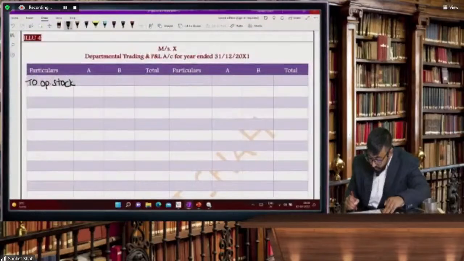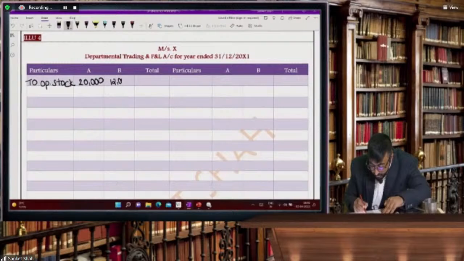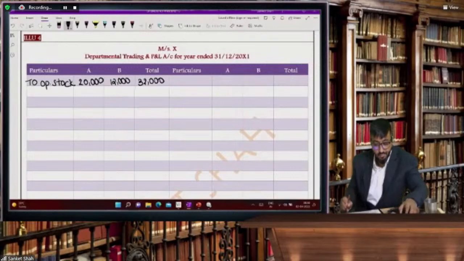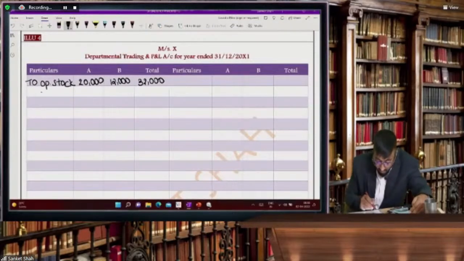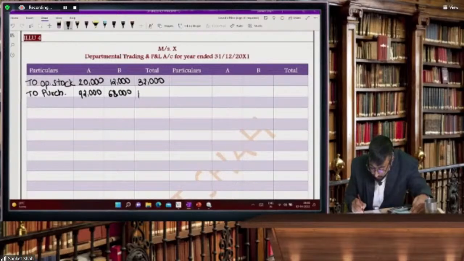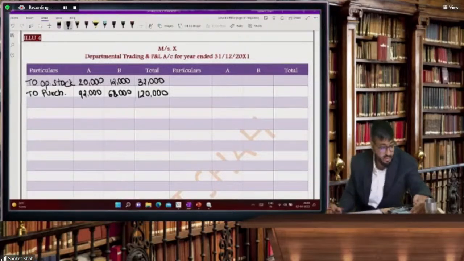20,000 and 12,000, and we will take a total of 32,000. Next one, purchases: 92,000, 68,000, 1,60,000.